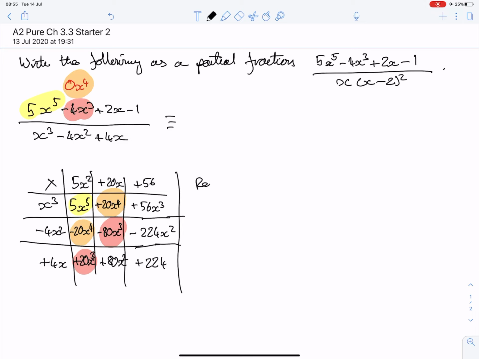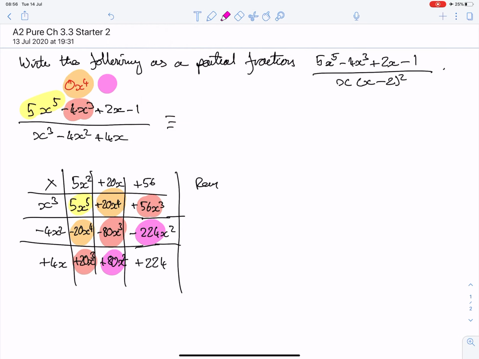So the remainder. Okay, let's just finish this bit off. So those are now the same. And now we can look at the x squared. So if we go to the x squared, we've got plus 80 minus 224.